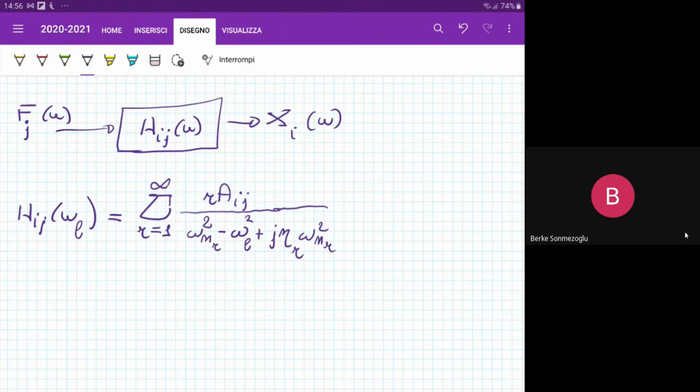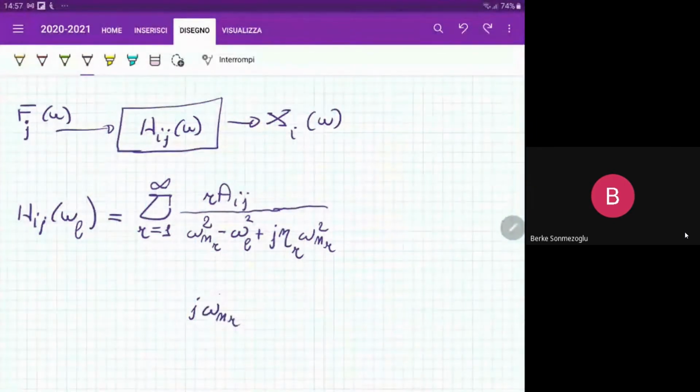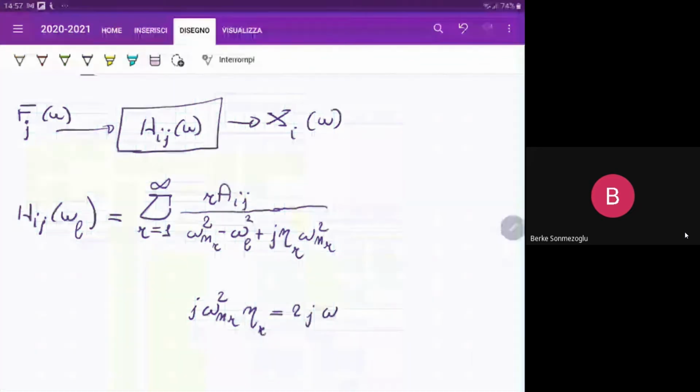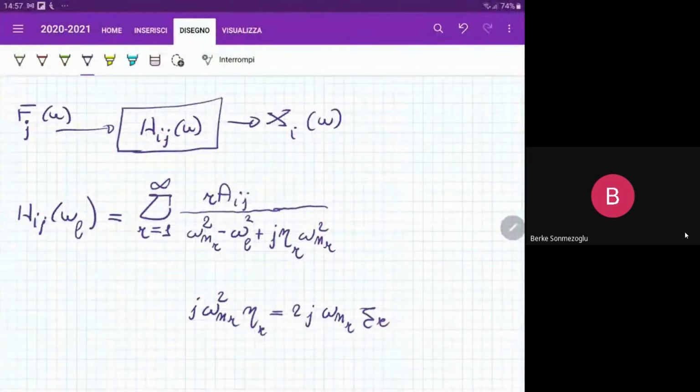But we can say that at the natural frequency, omega_nr squared eta_r is equal to 2j omega_nr zeta_r.